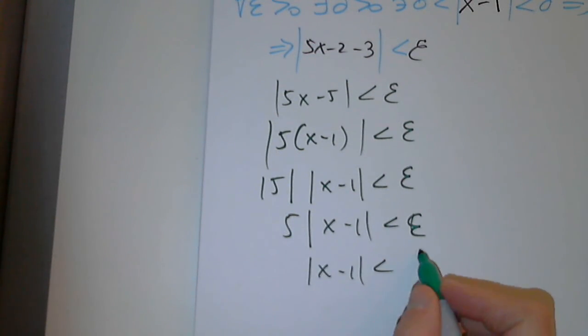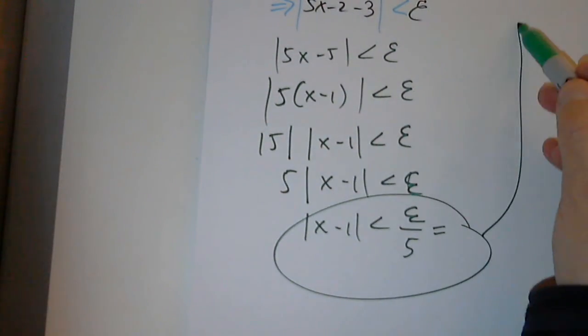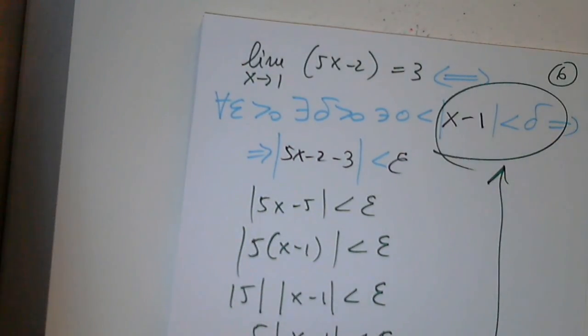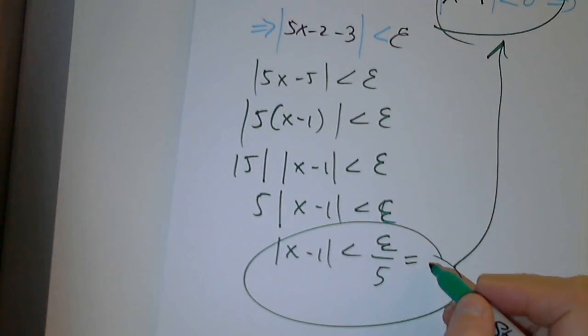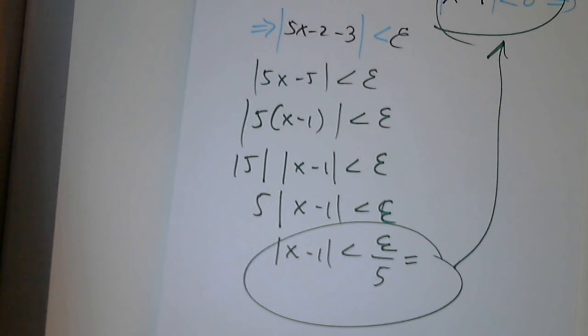And then x minus 1 in absolute value is less than epsilon over 5, which cannot be anything else according to this. What can it be? Thank you very much.